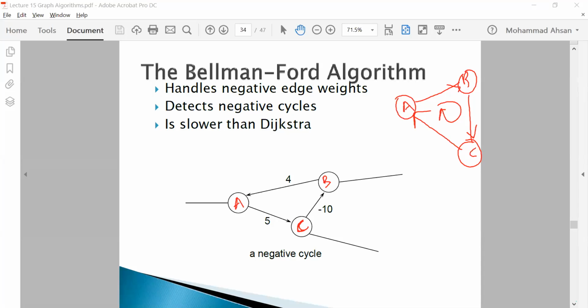You'll say the shortest distance from A to B is 5 plus minus 10, which is minus 5. So the path is A to C to B. This is the shortest distance from A to B.